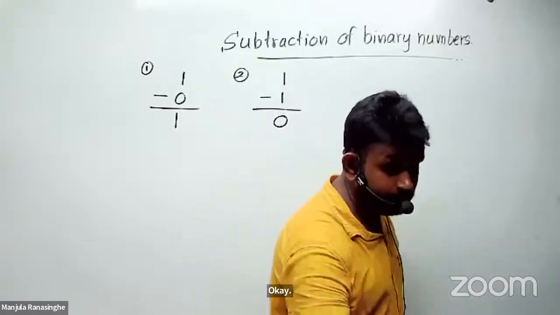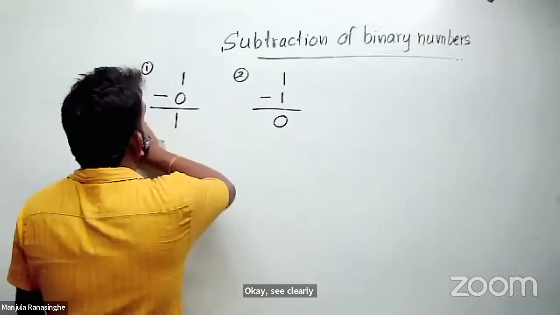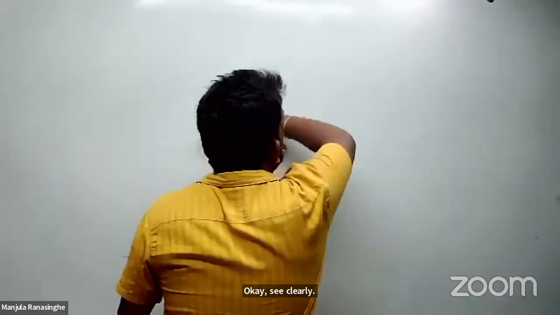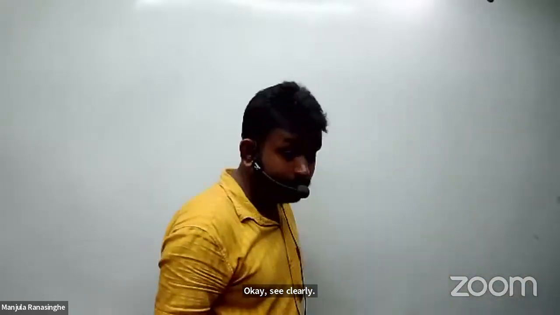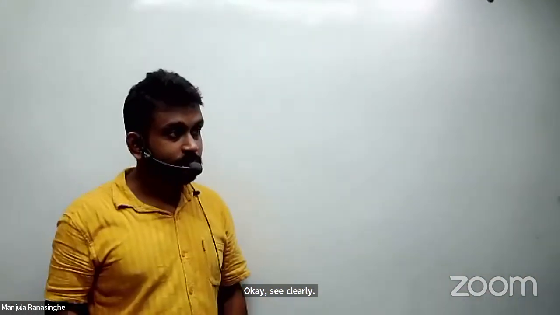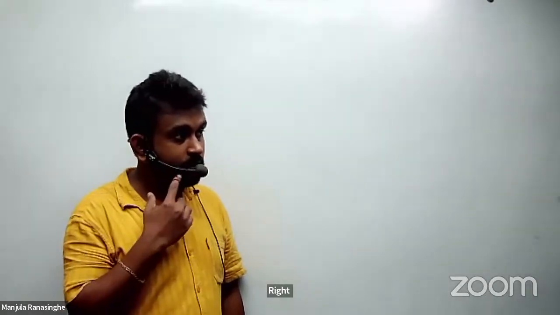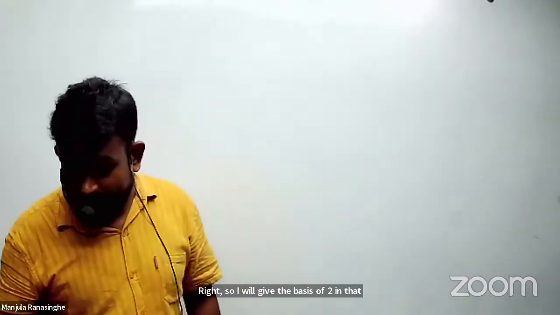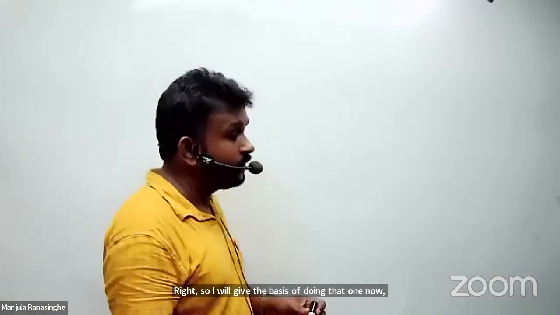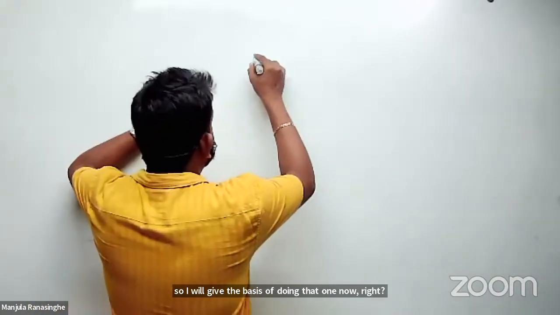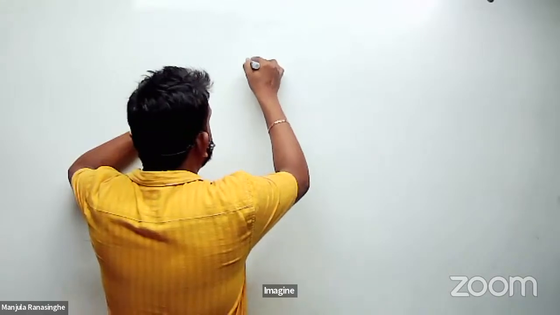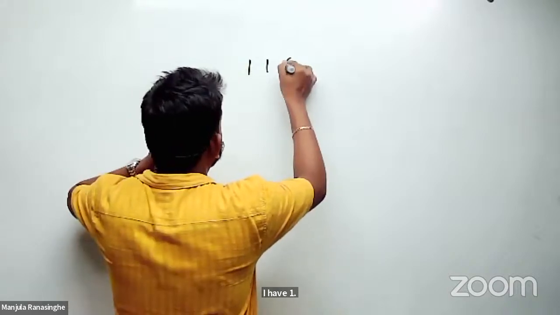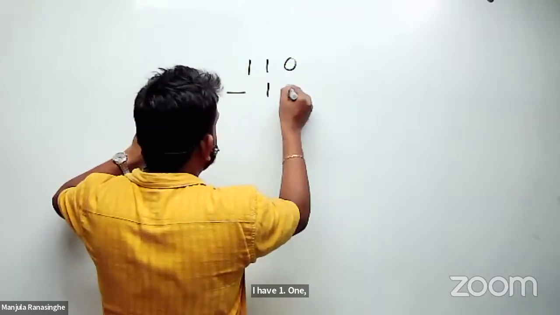Okay, see clearly. Right. So I will give the basis of doing that one. Imagine I have 0 subtract 1, 0.